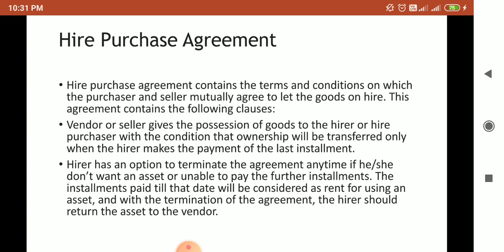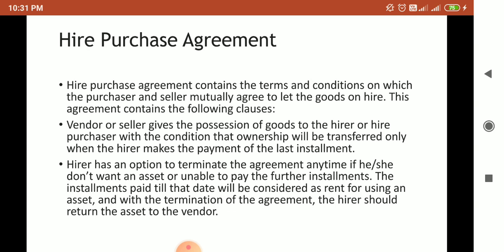Till then, it is the responsibility of the hirer to take due care of the product and use it in a proper way.